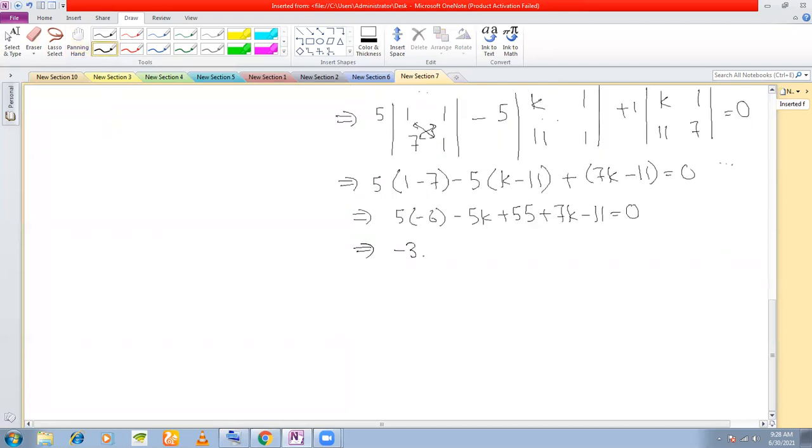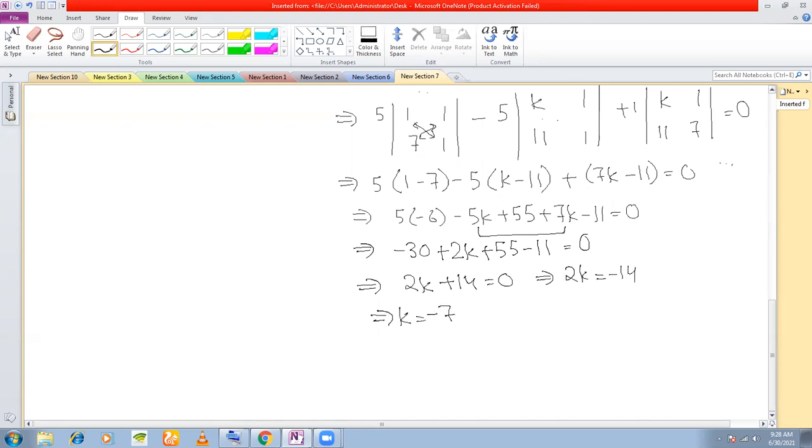That means minus 30, and these two combine, minus 5K and 7K, to give you plus 2K, plus 55 minus 11 is equal to 0. So you get 2K and 55 minus 11 minus 30. How much is this? I think 14. So that means 2K is equal to minus 14. That means K is equal to minus 7. Okay, so for this value of K, these 3 points are collinear.